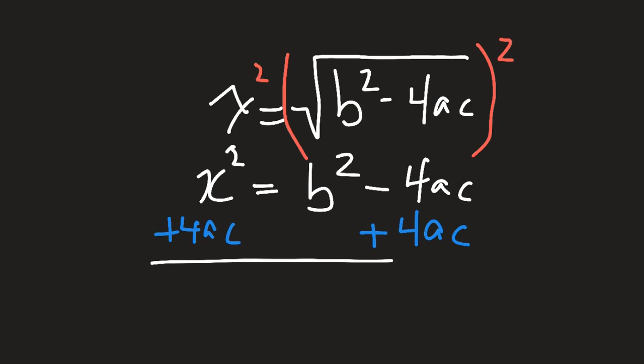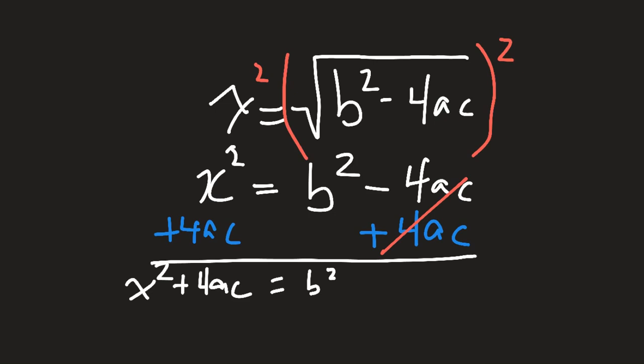So then let's draw a line across, and these two cancel out. So now we have b squared equals x squared plus 4ac. Sorry, I'm just getting to the bottom of my screen.